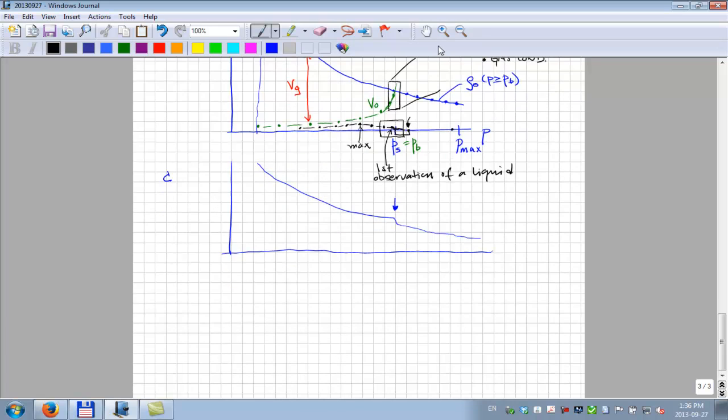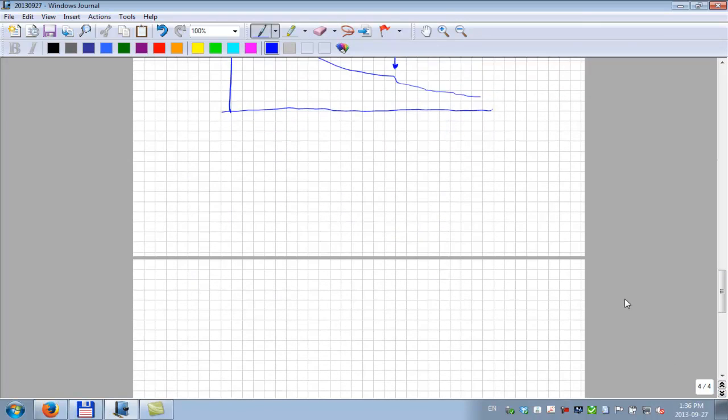I'm going to blow this up for you. Now we're just looking at the oil volume versus pressure. We have 0 here, 0 here, 0 here. Now this is going to be like 10% or 10 cc's or something.